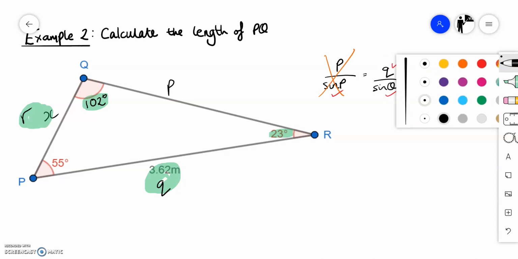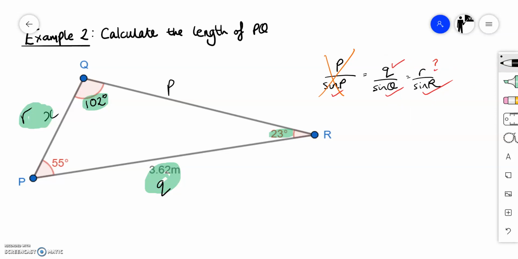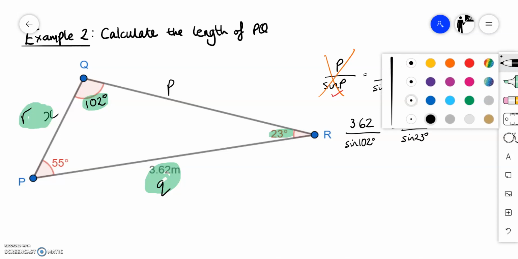Let's substitute in our values. 3.62 over sine of 102 is equal to x over sine of 23 degrees. We want to make x the subject of the formula.